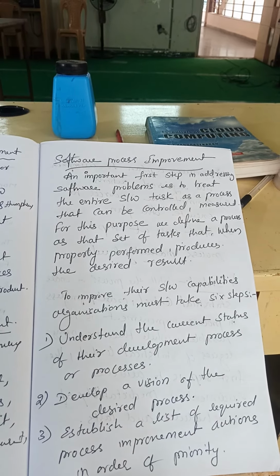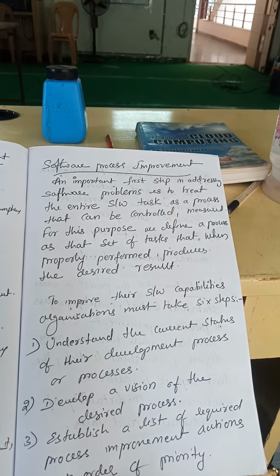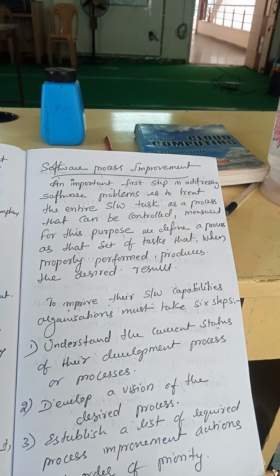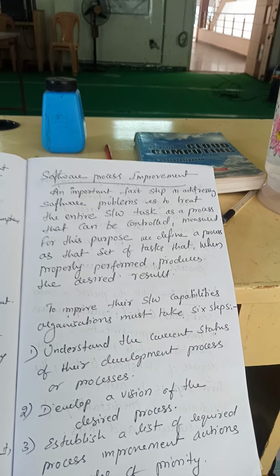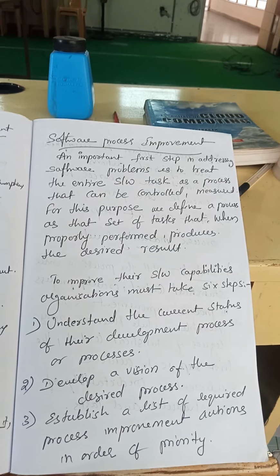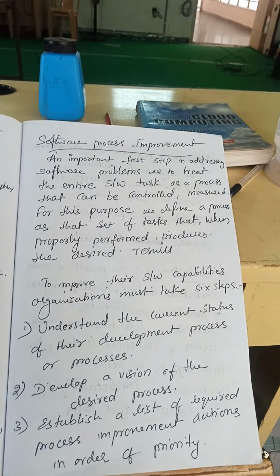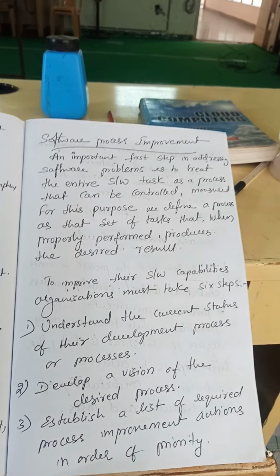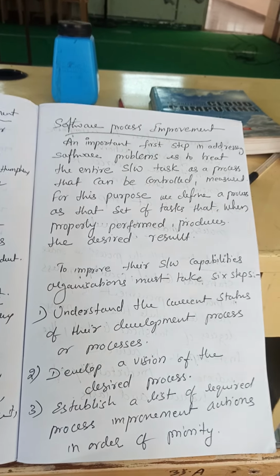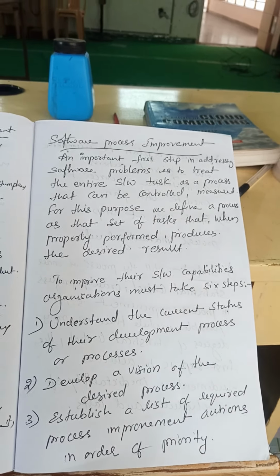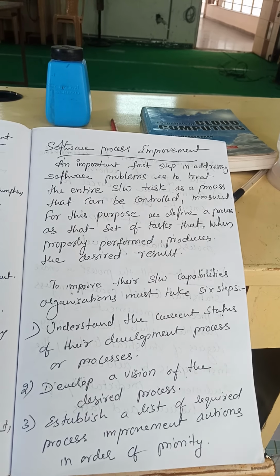To improve the software process, we have some steps, with five capability organizations. First, understand the current status of the development process; that is the first estimation we take. Next, develop a vision of the desired process.